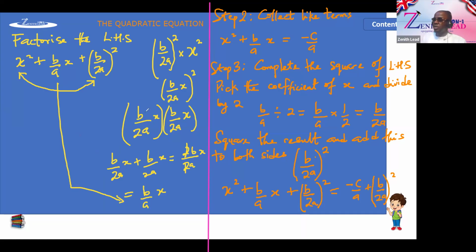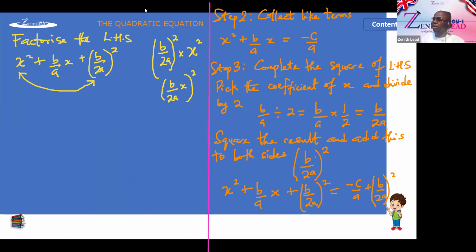So this means that we can now rewrite this part of the quadratic expression as the sum of x squared plus b over 2a x plus b over 2a x plus b over 2a squared.